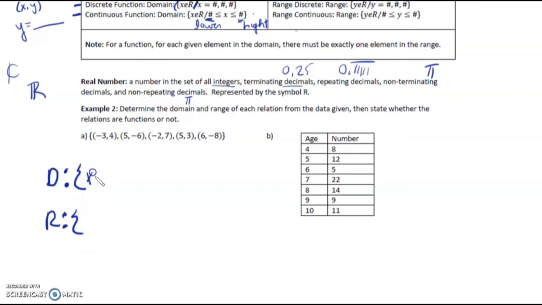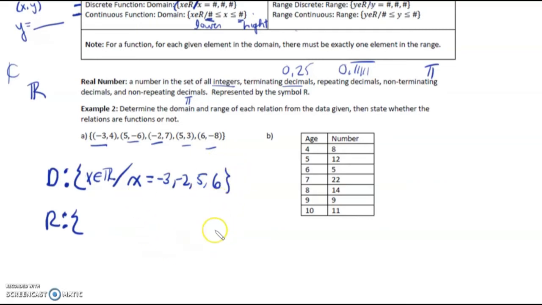So we have x is an element of the real number system such that, now both of these examples are discrete, so we have to just list them. x equals -3, we'll put them in order, -2, 5, and 6. So we don't have to write 5 twice.